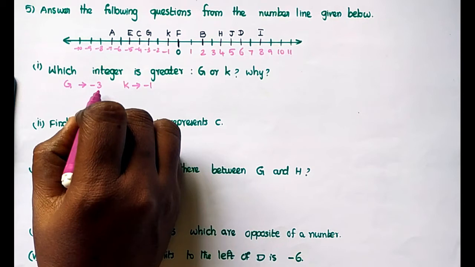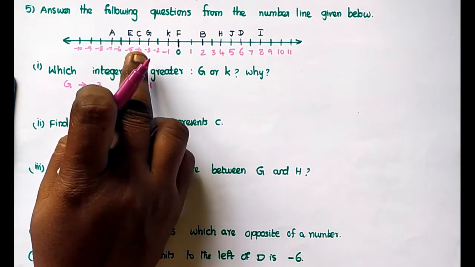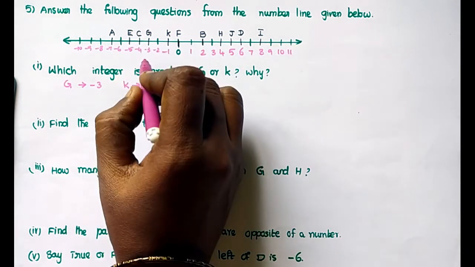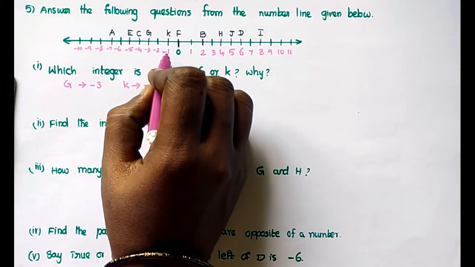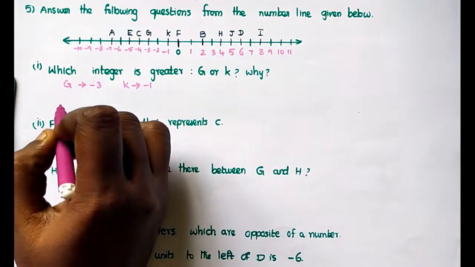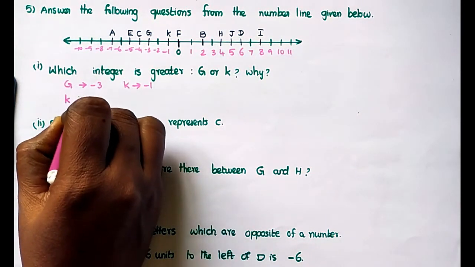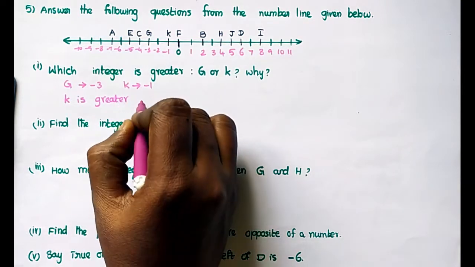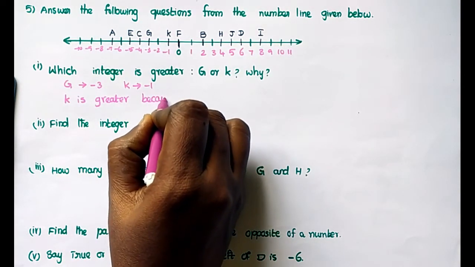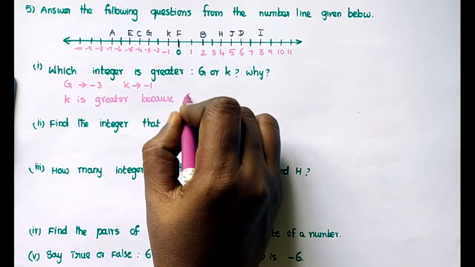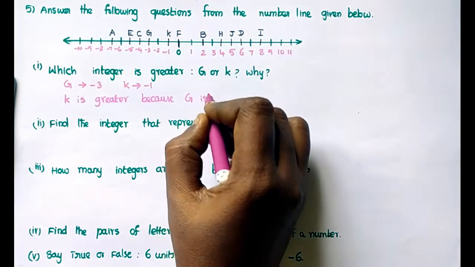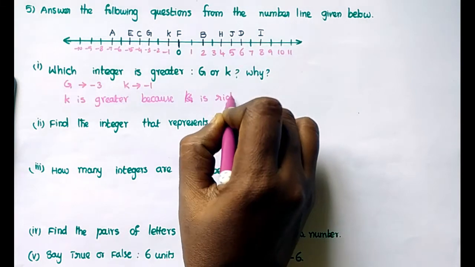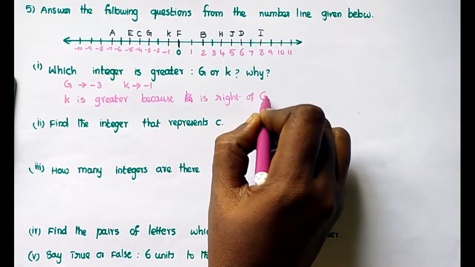In negative numbers, the number with the least absolute value is greater. So here K is greater because K is right of G.